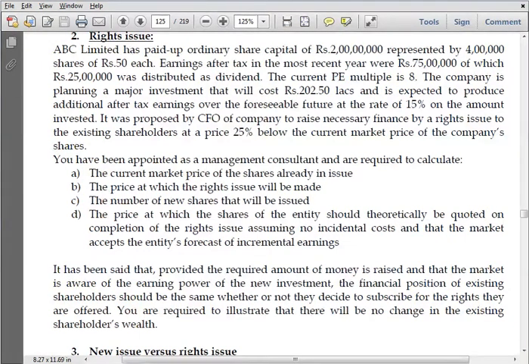Calculation of ex-rights price. Point number 1, the current market price of the share is rupees 150.